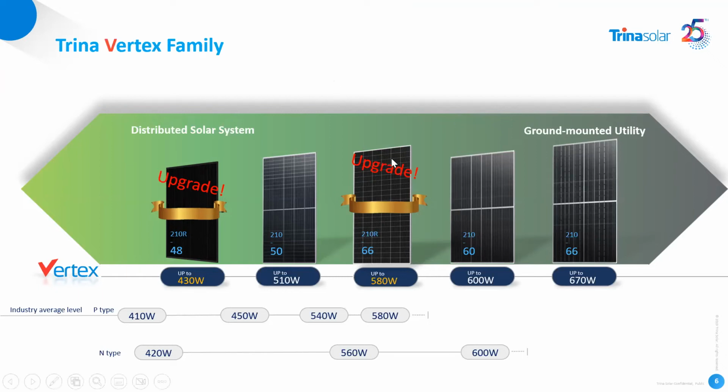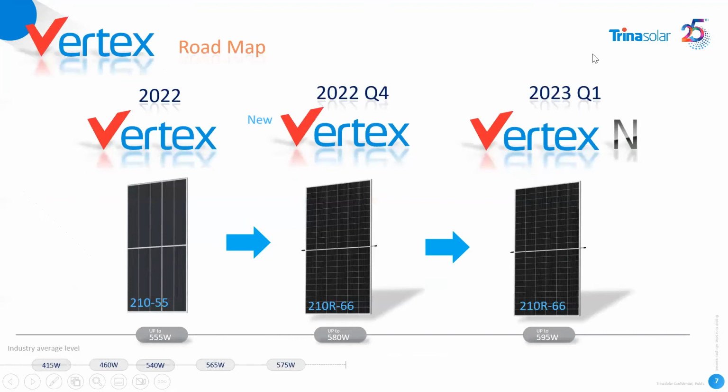Next year we will be selling 570 to 580 watt peak panels for commercial and industrial clients. And we also have the 600 watt and the 670 watt for our ground mount utility scale projects. But for today, we will be focusing on our Vertex R 580 watt panel.